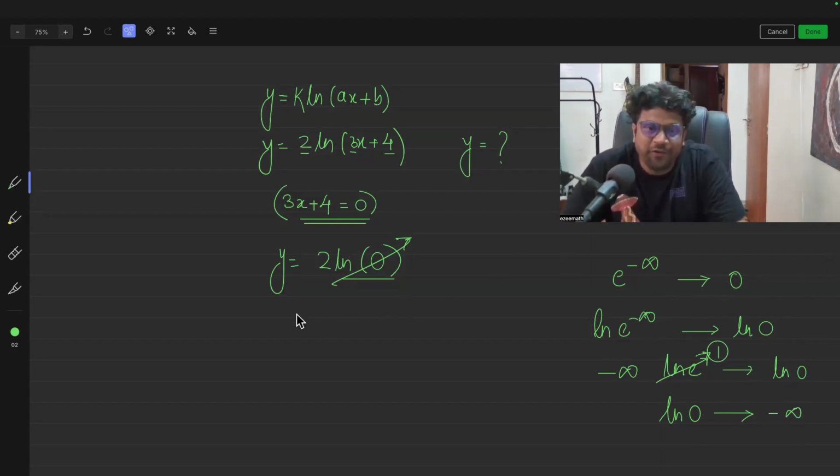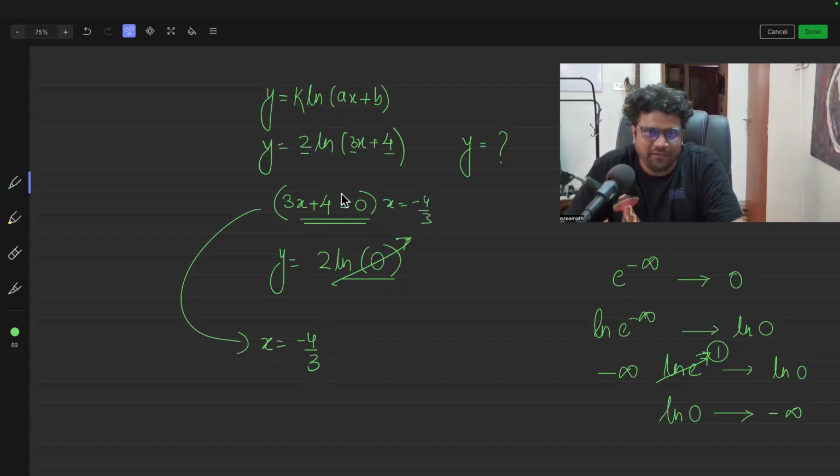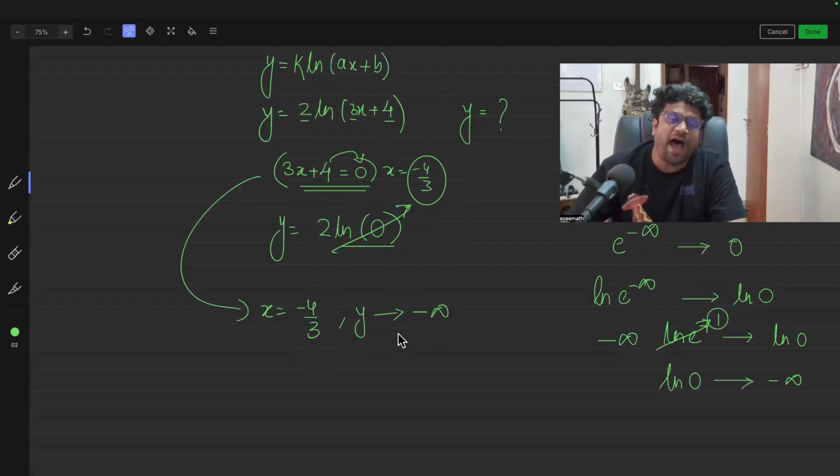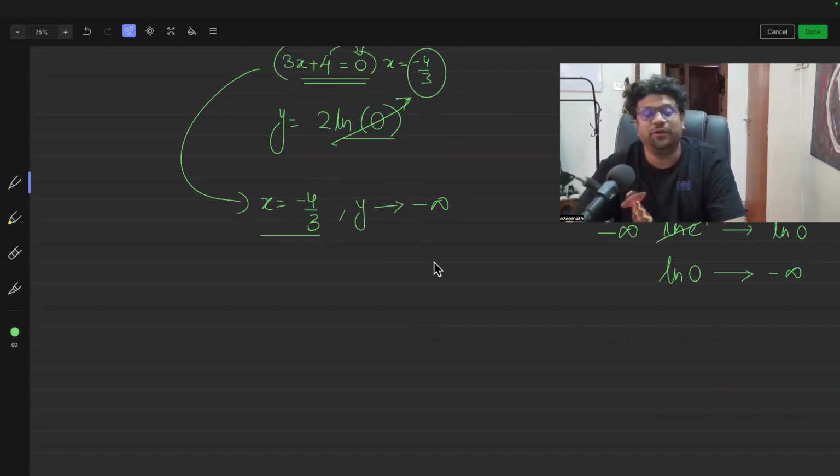So now you know when x is negative 4 by 3, meaning 3x plus 4 is 0, x is negative 4 by 3, right? Take the 4 to the other side, 3 down here in the denominator. When x is minus 4 by 3, y tends to negative infinity. And that is why you have a vertical asymptote at x equals minus 4 by 3.